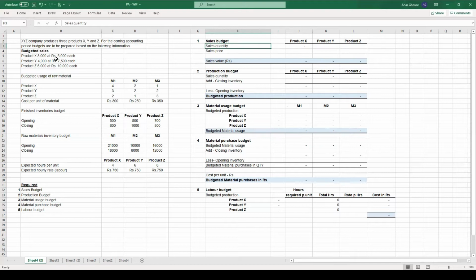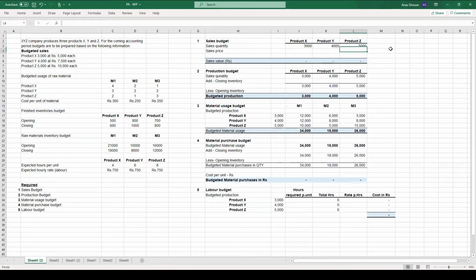Since we are given the sales quantities 3,000, 4,000, and 5,000, we can easily take 3,000, 4,000, and 5,000. And the selling price is given: 5,000, 7,500, and 10,000. So this will be the sales value or the sales budget.